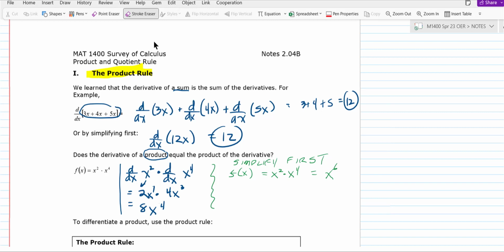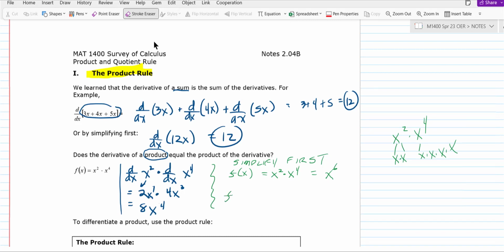It's not x to the 8th, because all this really means, and I like to go off on a little tangent sometimes and remind you of your algebra, is this. You don't have to write that down, but it just means I'm multiplying x out a total of 6 times. That's why you add the exponents, because you're just counting how many times you multiply it out anyway.